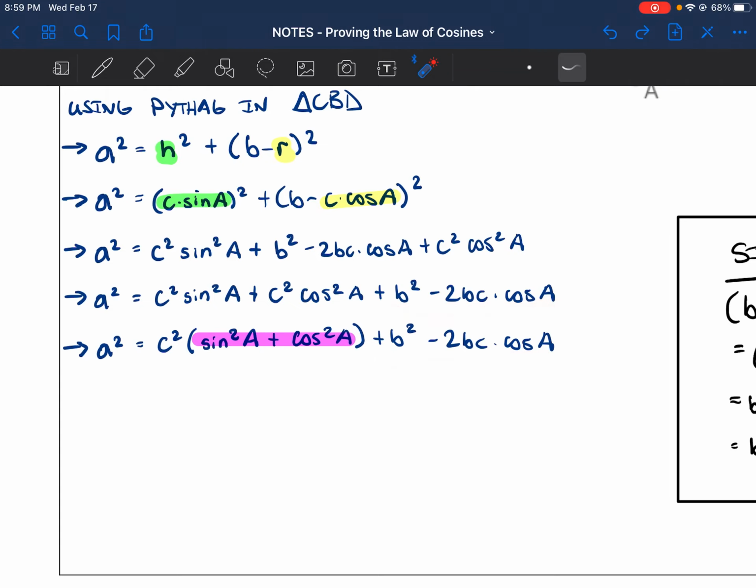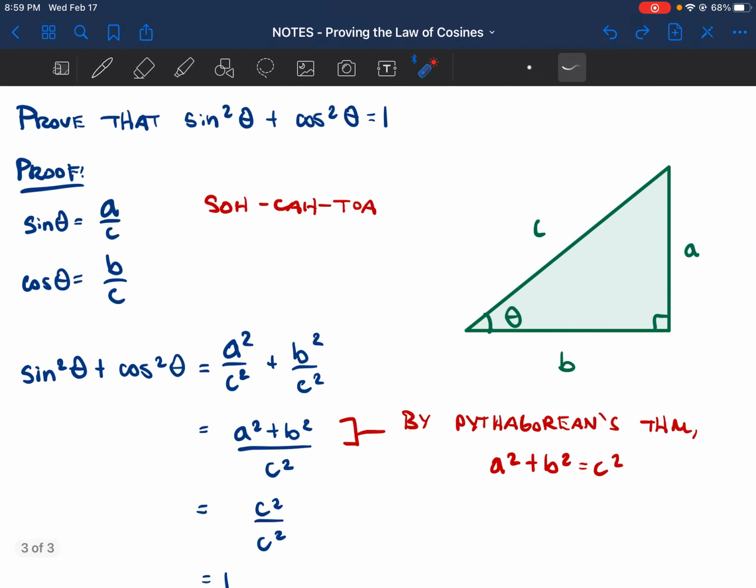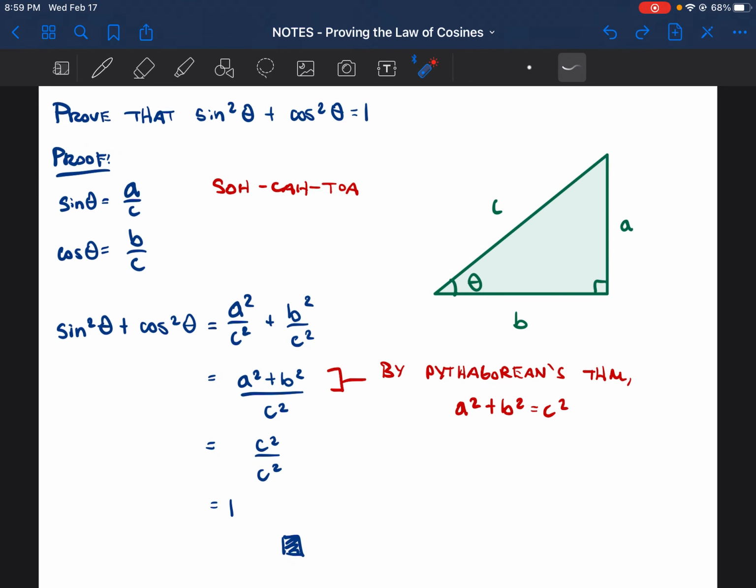Now we're going to do something pretty cool next. Sine squared of A plus cosine squared of A is actually equal to 1. And let's see why. I'm going to show you this here on this last page. So I wrote a quick little proof. It's one of the easier proofs that you'll see. But in a right triangle, sine squared of an angle plus cosine squared of an angle equals 1.